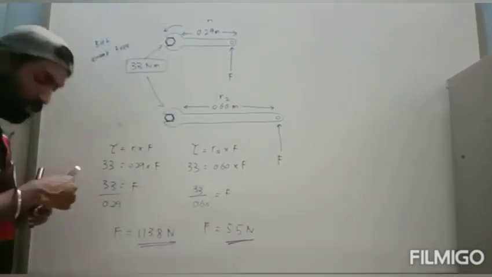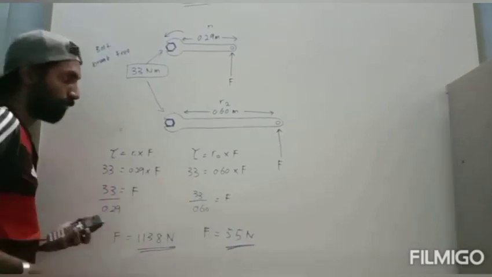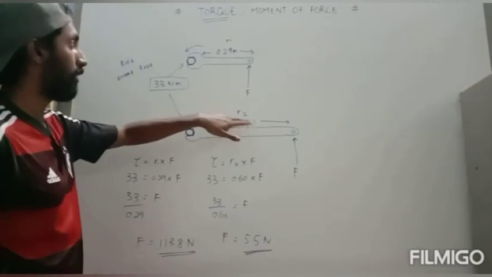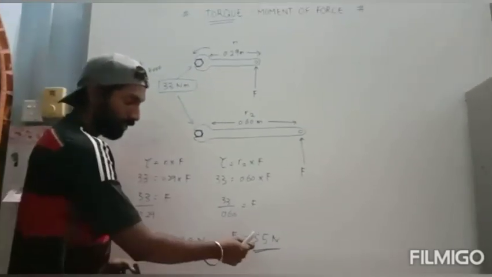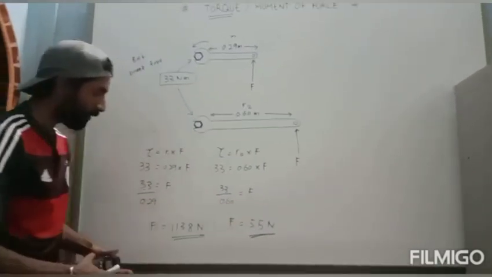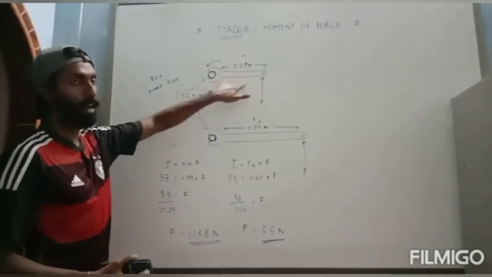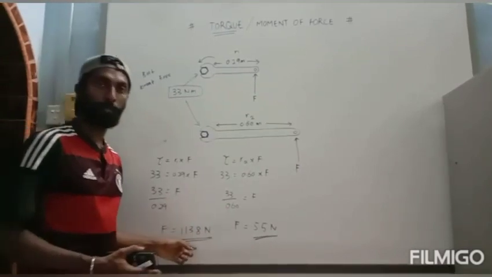So here we can see the difference in the force. If we use a wrench with longer length, the force needed is smaller. From this we can see clearly that the length of the lever arm affects the force.